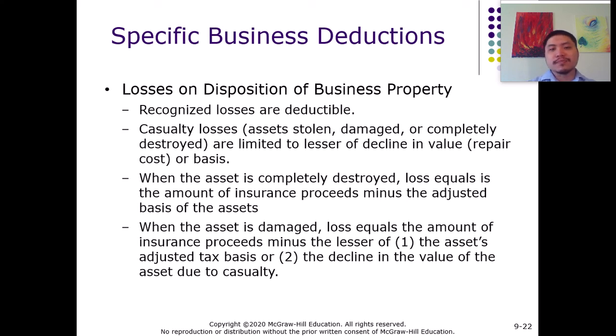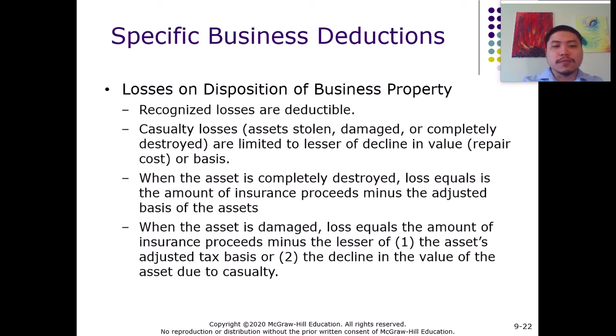Depending on the scenario, they may be able to deduct the recognized loss, but the detailed way of how to do it is beyond the scope of this semester, so I'm not going deeper into that. But in general, the loss on disposing of business properties can be deductible.